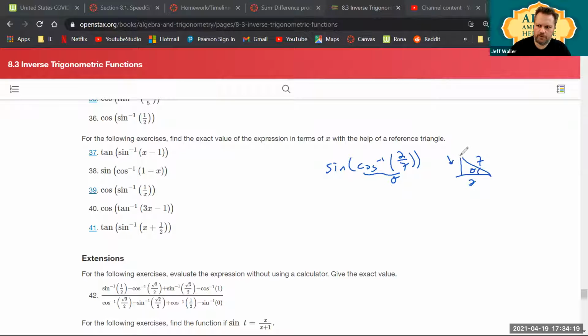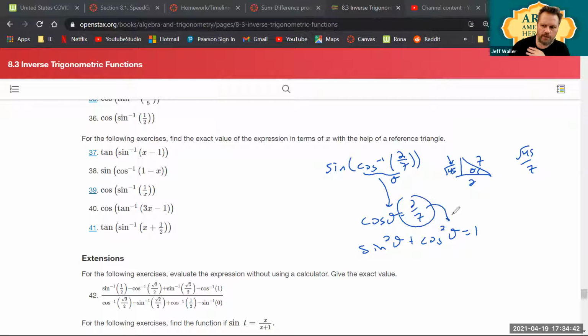Use Pythagorean theorem to figure that out. So that'd be square root of 45, I think. Right? So then sine would be square root of 45 over 7. Is that cool? Another way to do this is, this says that cosine of theta is 2/7. Sine squared theta plus cosine squared theta equals 1. You can throw that in there and solve for sine.